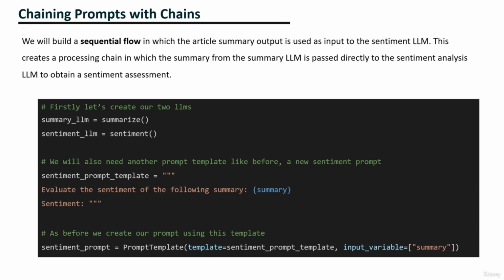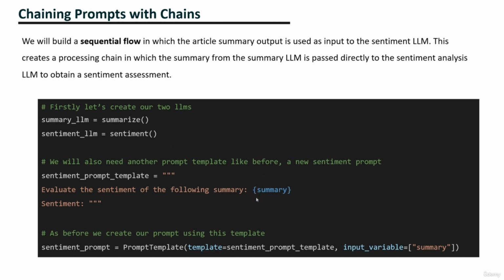To accomplish this, we will use the following code, which accepts as input the summary from the previous language model and returns the sentiment. For this, we need both of the already programmed large language models, which we can employ through the summarize and sentiment functions, and we will need to devise a new template. For this new template, we will prompt the model to evaluate the sentiment of the given summary.